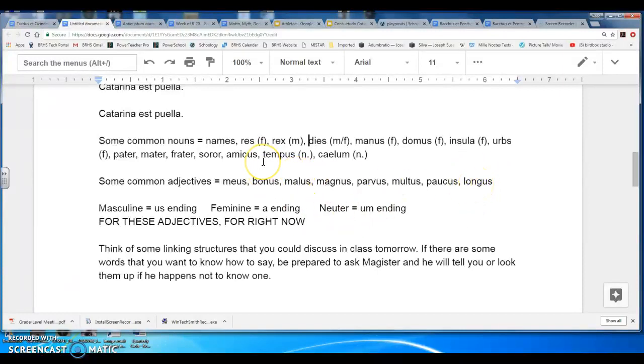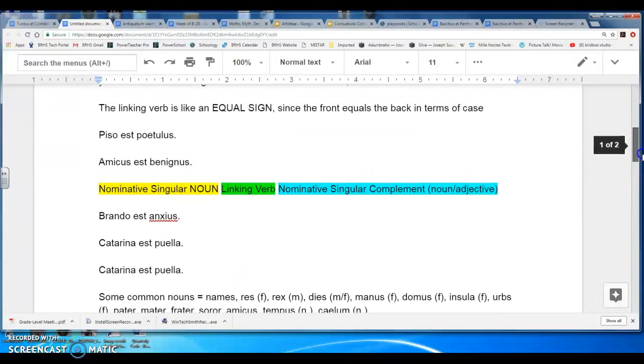So, for our intents and purposes, if you put domus down, because it's feminine, the adjective has to be feminine. So whatever, even though domus ends in US, after est, you're going to have an A. Sometimes they're going to line up. Like amicus, like we saw up here, sometimes they line up. That is to say that they both have the same ending. US here, US here.